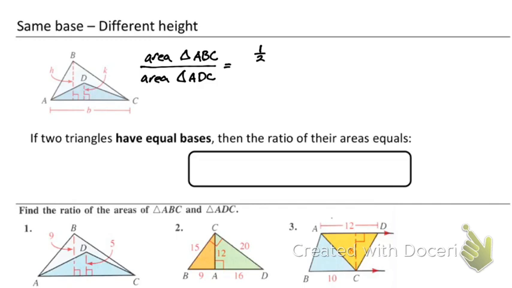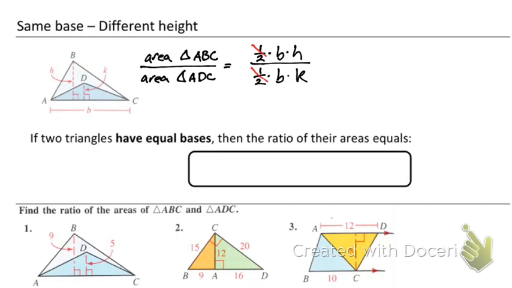Well, our base on ABC is that big B, and times our height. In this case, our height is this H letter here. It's 90 degrees to the base, so it is our height. So it's half of base times height. Our other one has the exact same base, so it's going to be half of B times, but this height is actually length K.